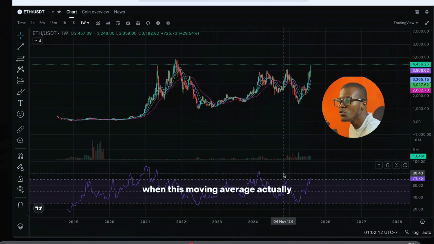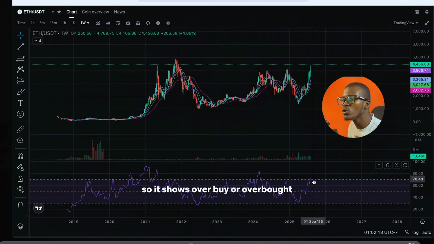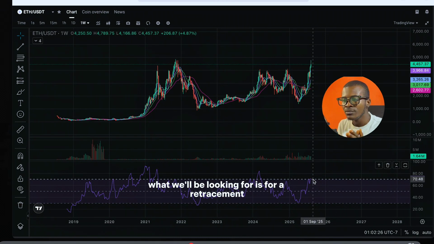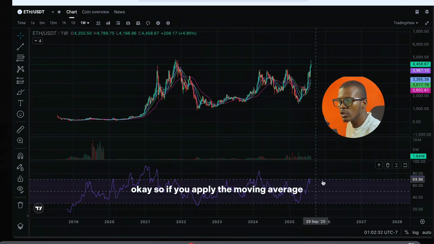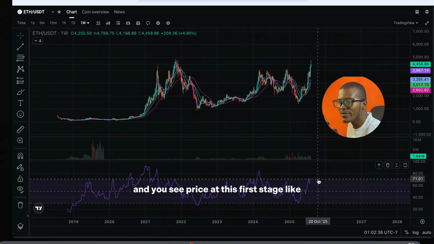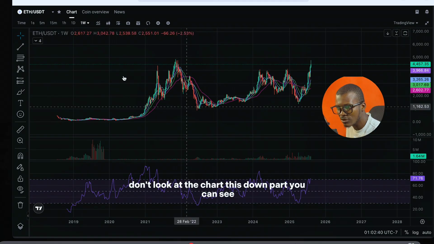When this indicator touches the first line, it shows overbought, or overbuy, depending on how you want to call it. Whenever that happens, what we'll be looking for is a retracement. So if you apply the indicator, don't look at the chart, look at this lower part.